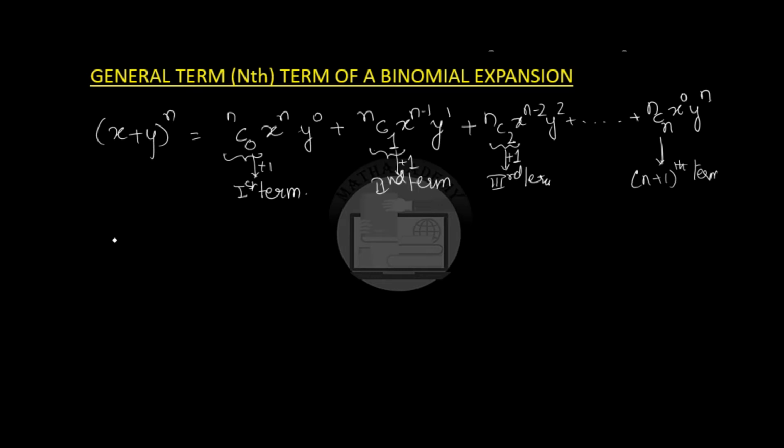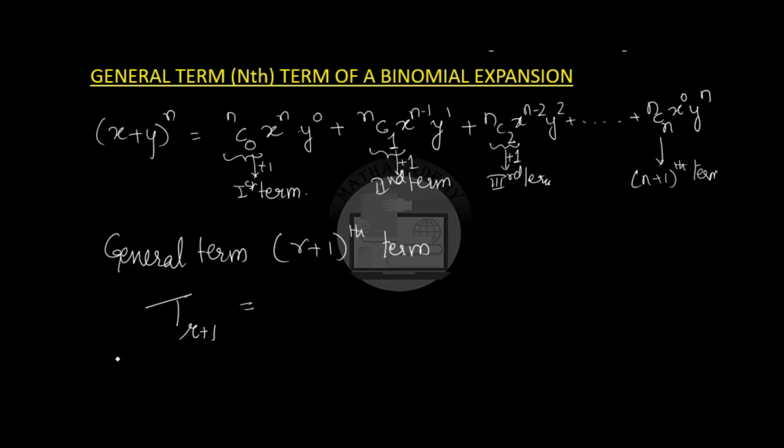So if we want the general term, say the rth term or maybe the (r + 1)th term, okay, so T(r+1). The (r + 1)th term in the above expansion will be nCr, x to the power of something and y to the power of something.